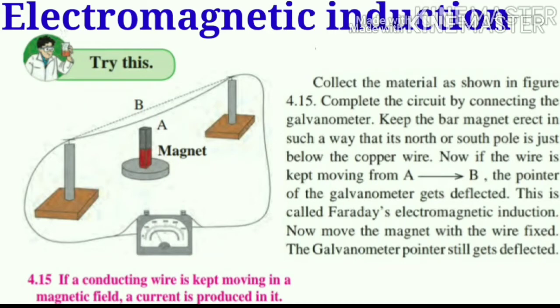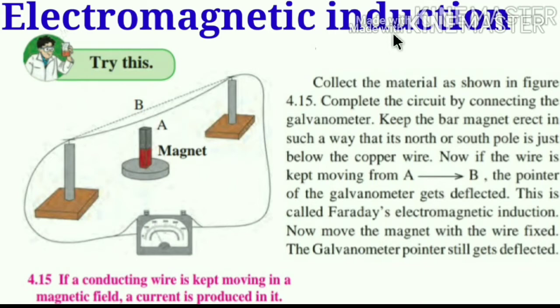This we studied in the electric motor. Because of this, the conductor moves. But what if an electric conductor is moving in a magnetic field, or the magnetic field around a stationary conductor is changing?